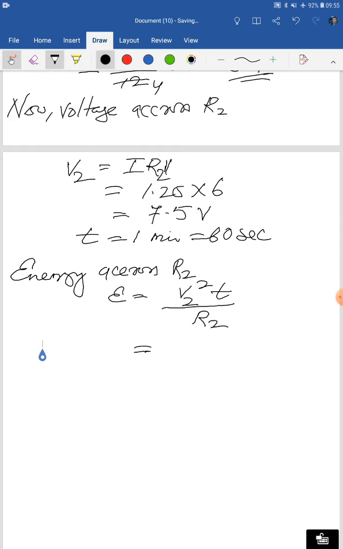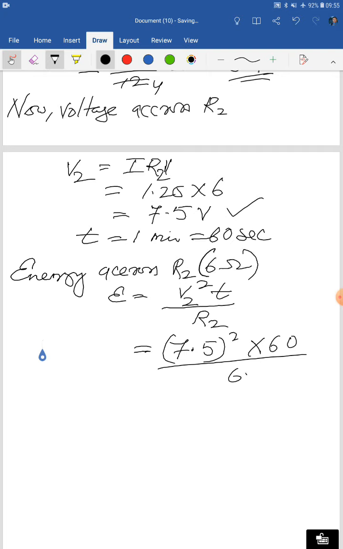So here the voltage was 7.5. So 7.5 whole square into time is 60 divided by how much? 6. Because the resistance here across R2, that is 6 ohm, we were asked about, isn't it? So 6 1s are 6, 6 10s are 60.